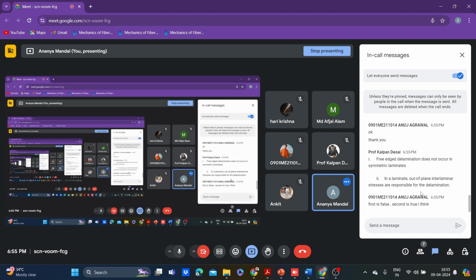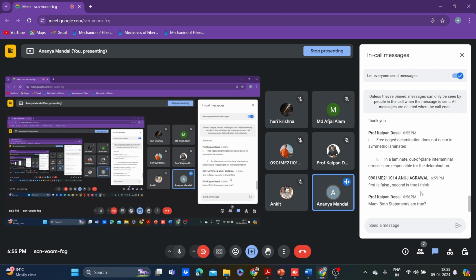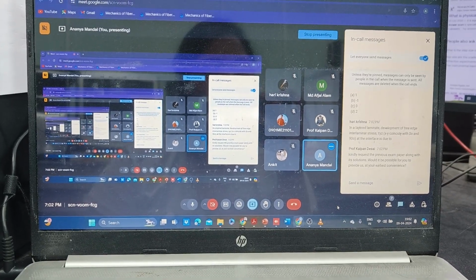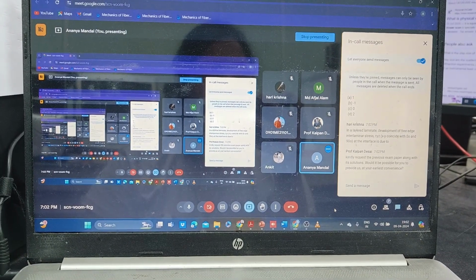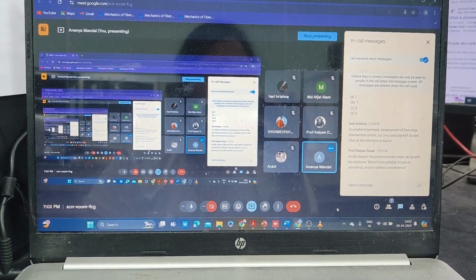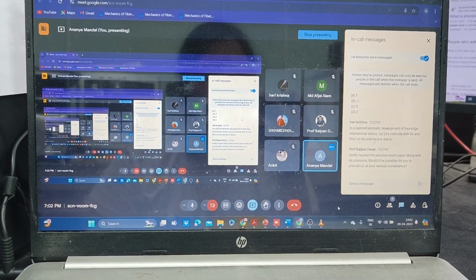The second one is correct. The second one is true because delamination is caused because of the layered laminate.